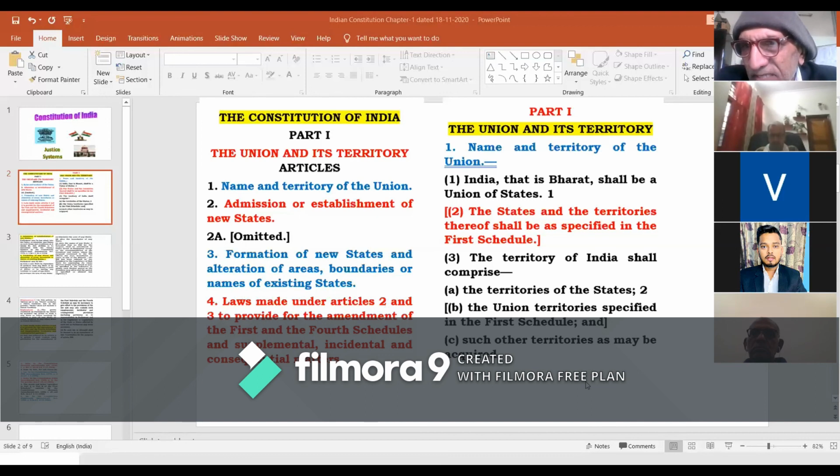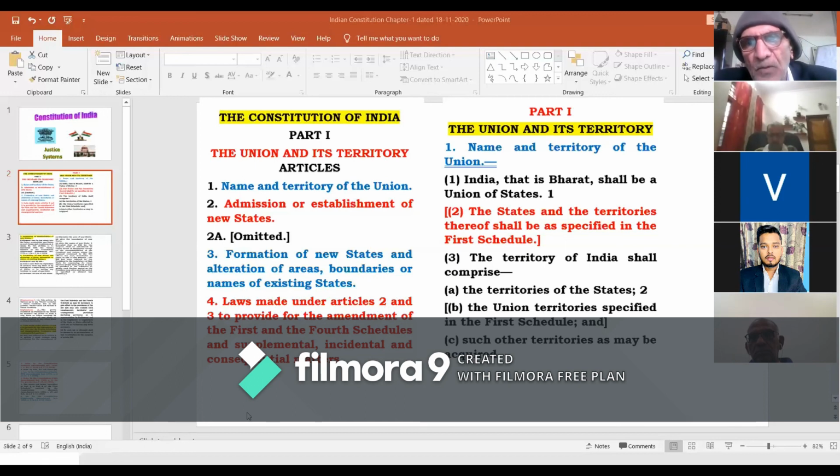And if such specification is to be done, whether it will amount to the amendment of the Constitution or simply the amendment of the first schedule, and whether such acquisition will come under clause 3, article 3, formation of new states.